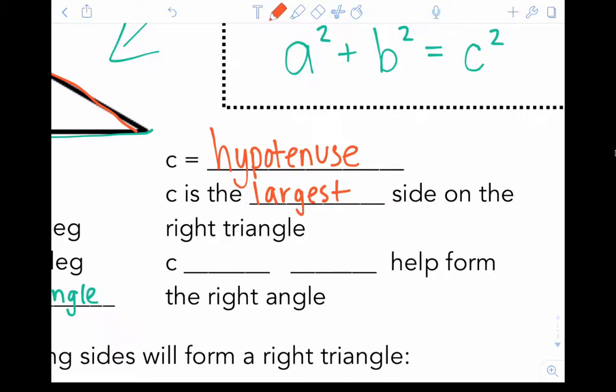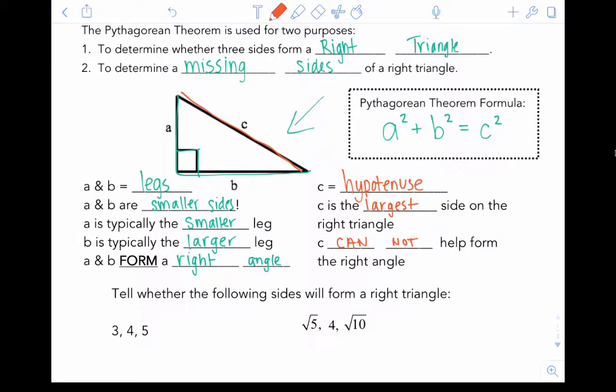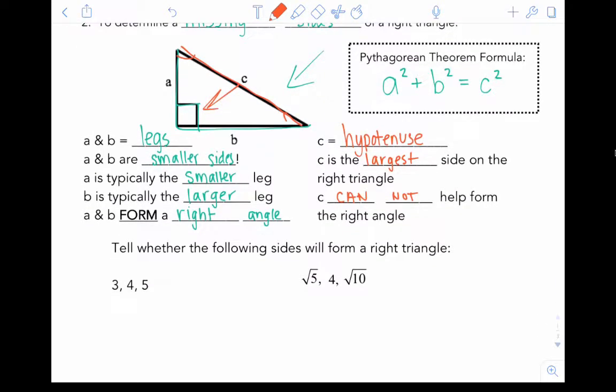This is super important: c cannot help form the right angle. Notice that the two angles that c forms are not right angles. It's always going to be opposite from that right angle. It's always that diagonal.